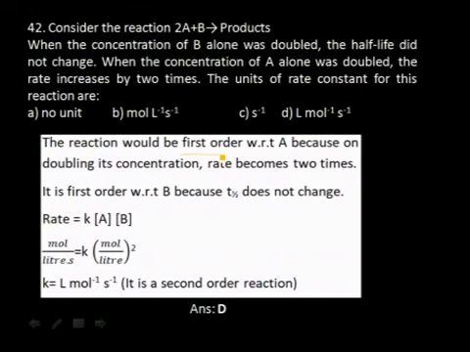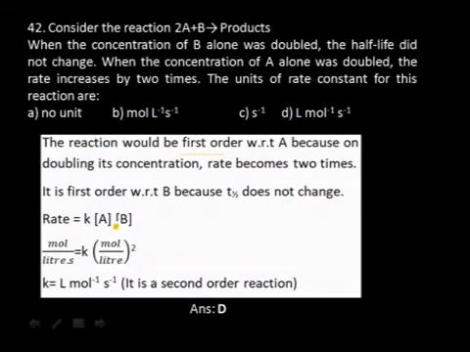Therefore, the order of reaction with respect to B is 1. Then the rate equation becomes rate equals K A to the power 1 and B to the power 1, and they say in the next half of the problem, when the concentration of A alone was doubled, the rate increases by 2 times.